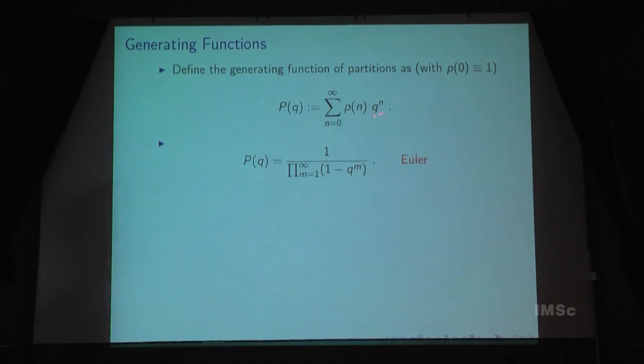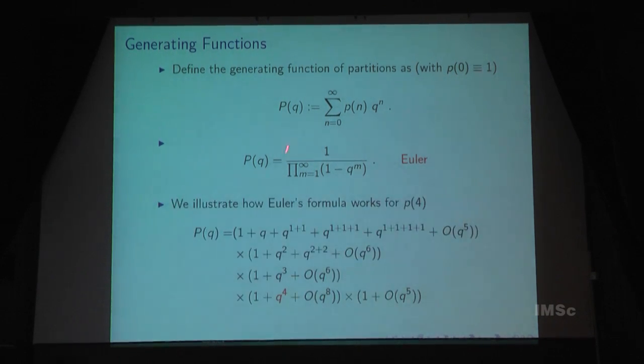What is P of 200? You can take this formula, do a power series, and get the coefficient of Q power 200. Today, in some standard program like Sage, Maxima, Mathematica, or Maple, you can do it in a second.